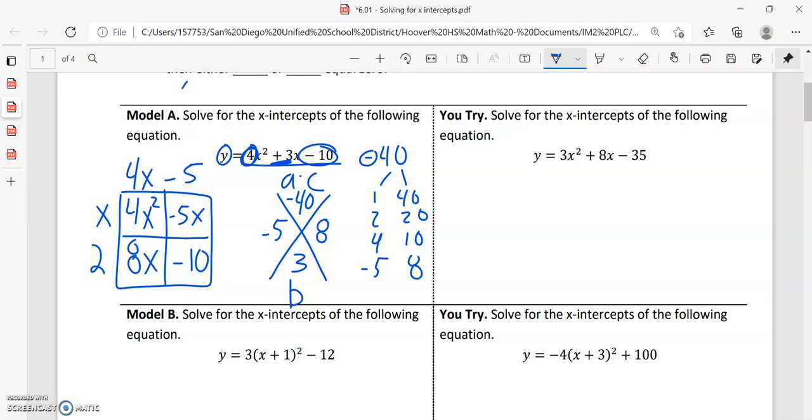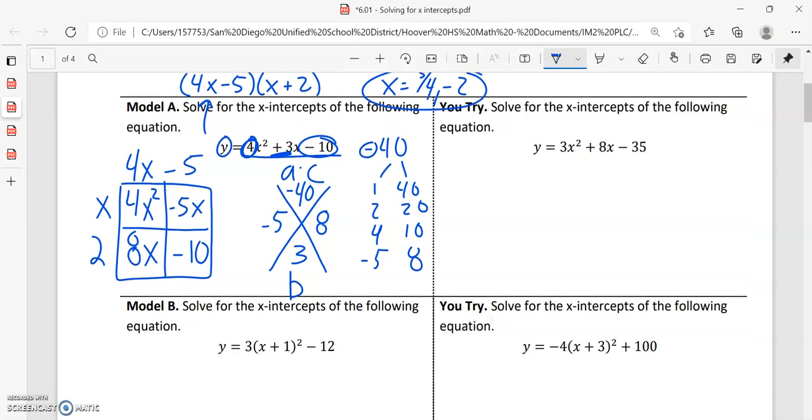Ran out of space, so I'll do that up here. So our x for that, we set to equal 0. 4x minus 5 equals 0 means that our x will equal positive 5 fourths and negative 2. So 2 answers. Remember, that should be review, so hopefully it's not too hard to do that problem.